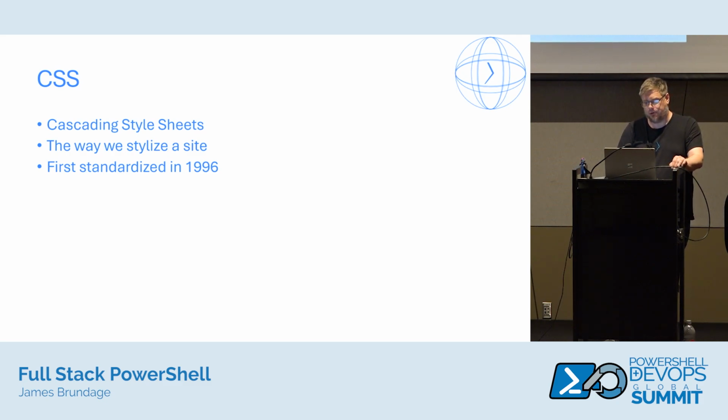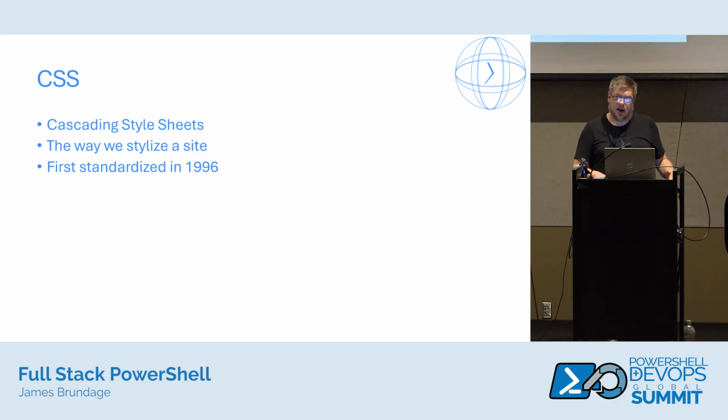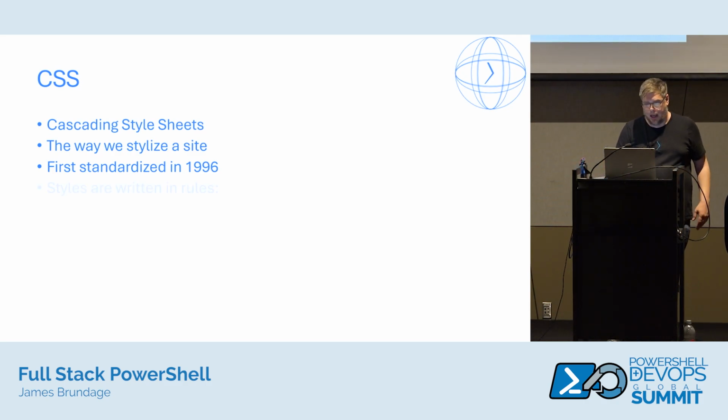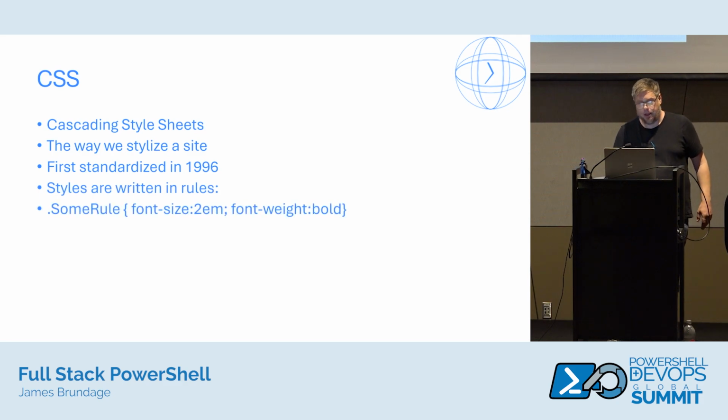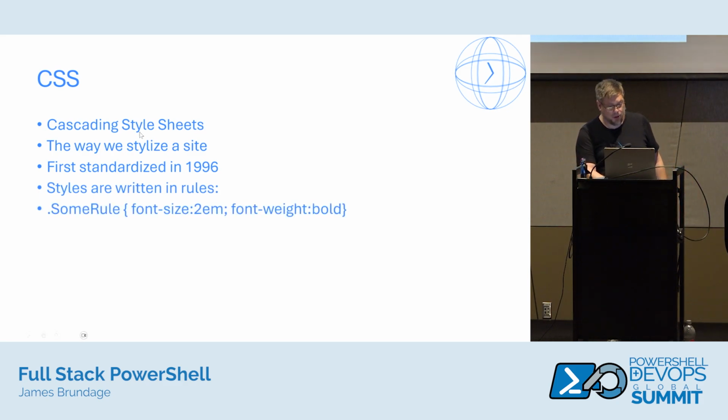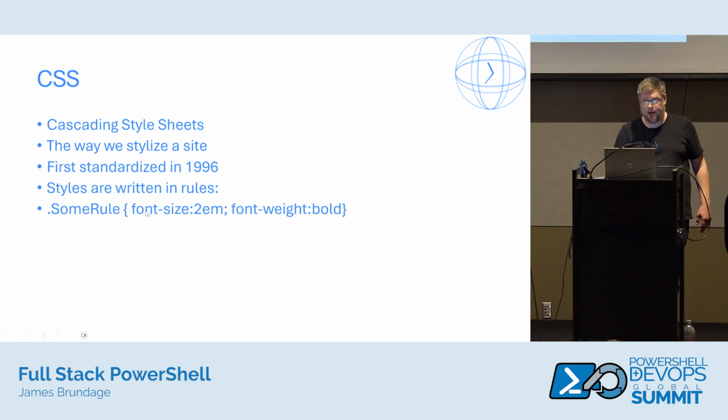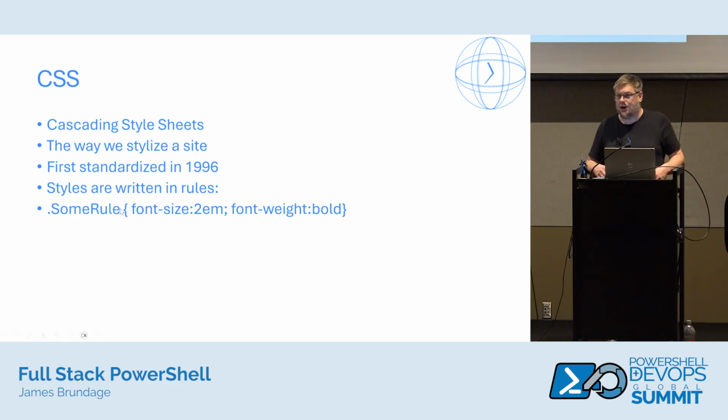So we have CSS rules. These stylize portions of a page or types of elements, and they're written in rules. You'll normally have a portion called a selector, that's the some-rule portion, curly braces, and a series of attributes that you're setting. So in this case, I'm saying some-rule, which is an arbitrary CSS class.